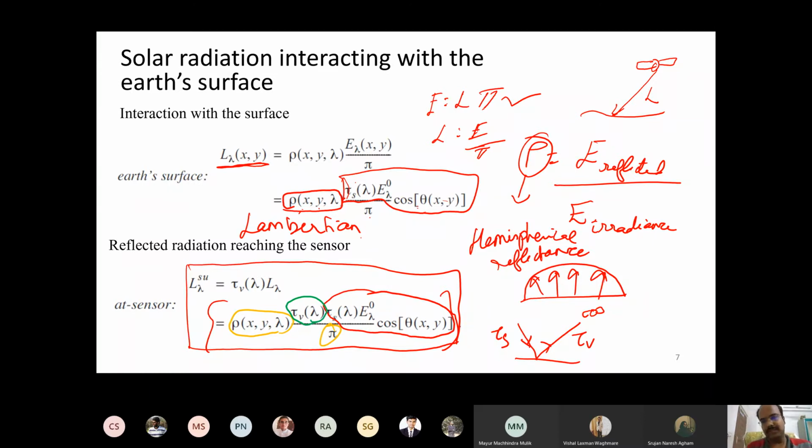So three different components. One is the incoming solar energy, second is the reflection nature of the surface, and third is the atmospheric conditions between Earth's surface and the sensor.